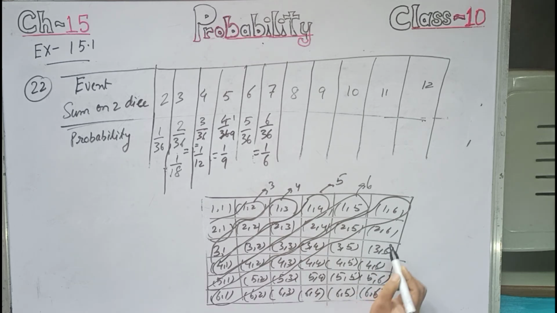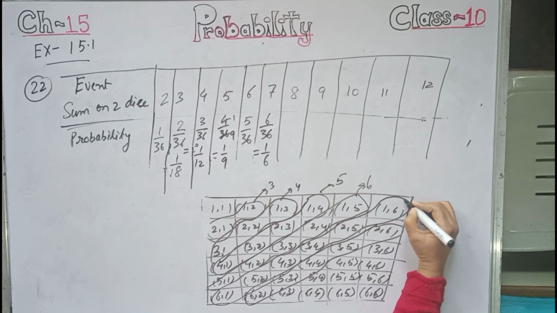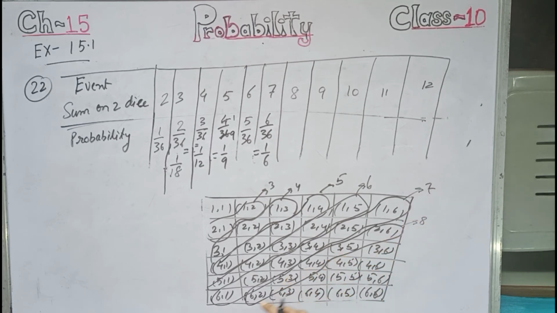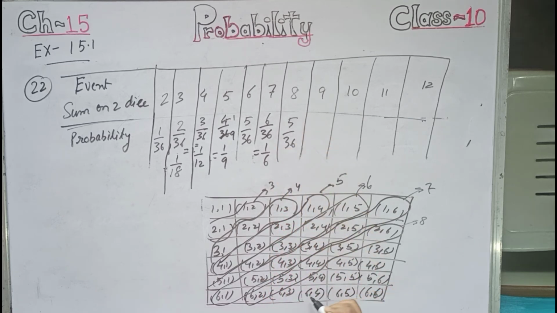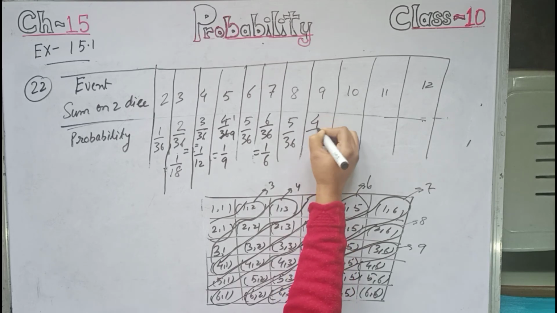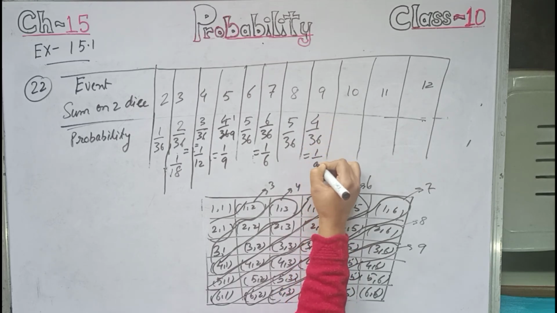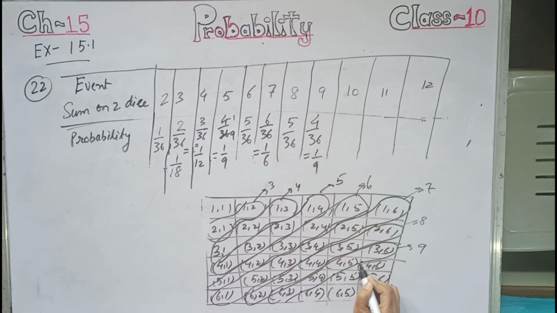Now sum as 8 will be this one. One, two, three, four, 5. So 5 by 36. Sum as 9 is this one. So 1 2 3 4. 4 by 36 equals 1 by 9. Sum as 10 is this one.